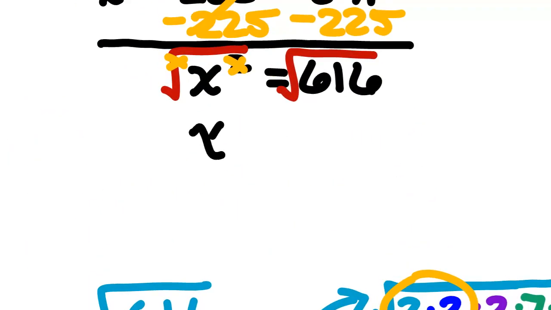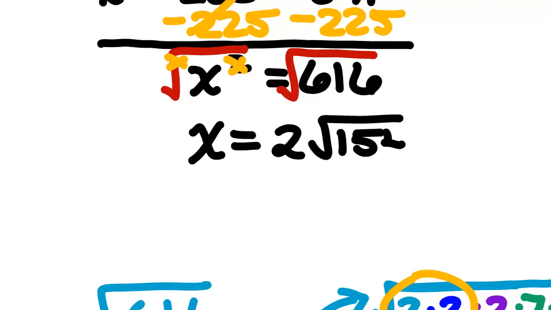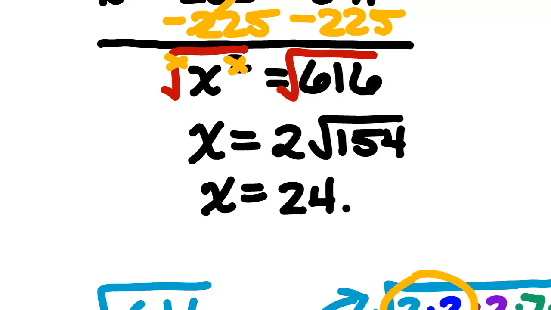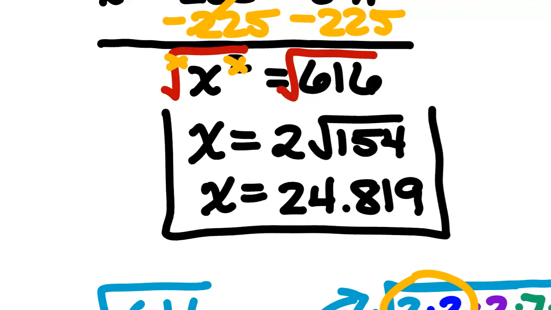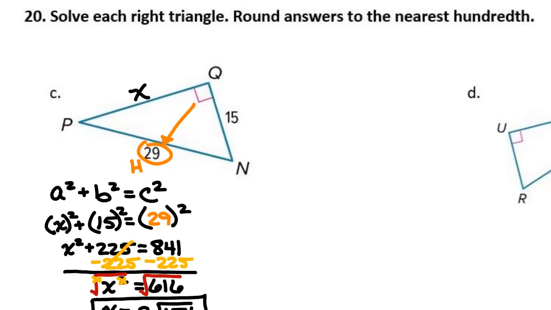So x is equal to 2 square root of 154, or in its decimal form, that would be 24.819. That just found our missing side, PQ.